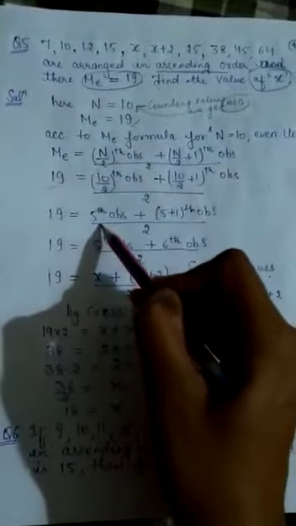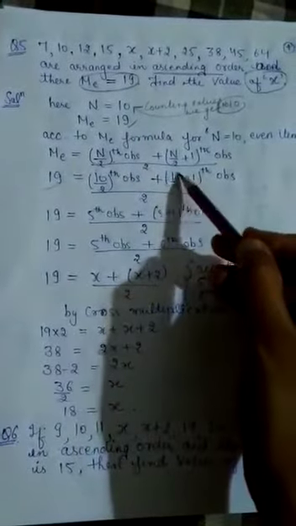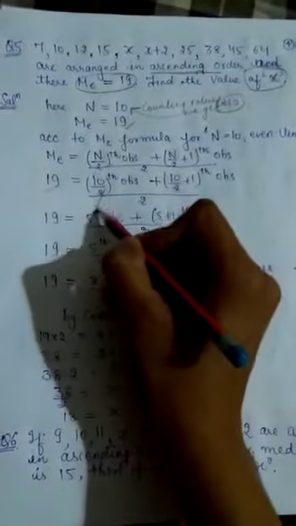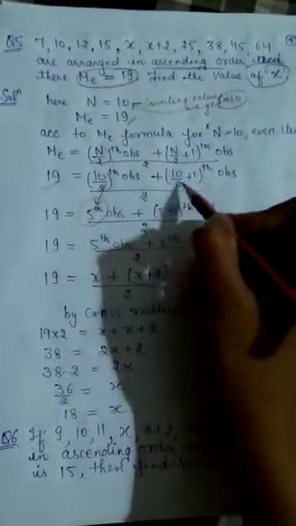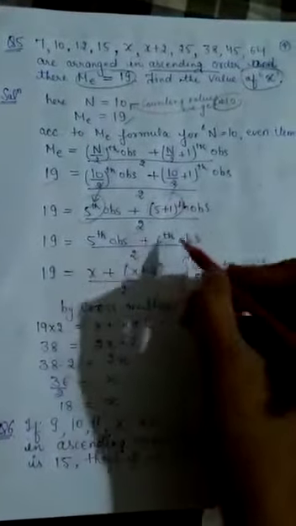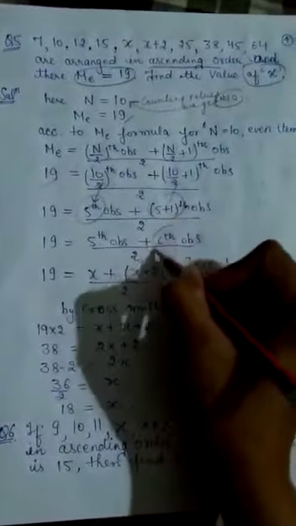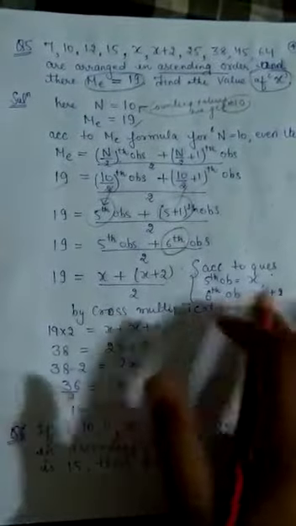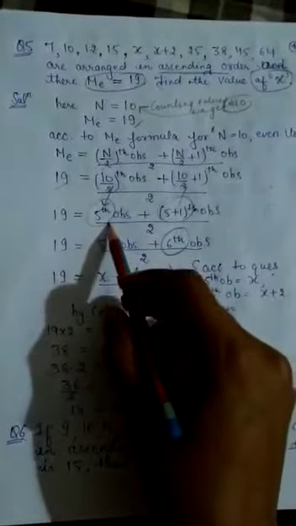10 by 2 will be 5th observation; here 10 by 2 is 5 and it is plus 1, 5 plus 1th observation. This will give you these calculated answers. Now 5 plus 1 will be 6th observation. So beta, according to your question, what is 5th?